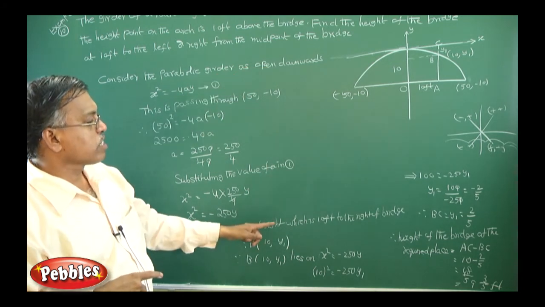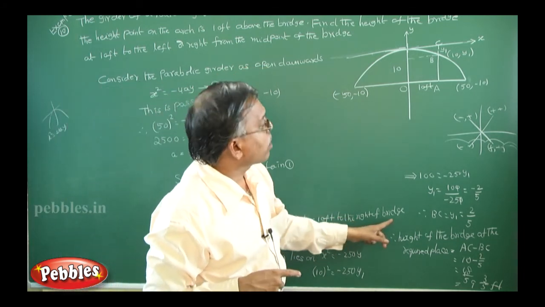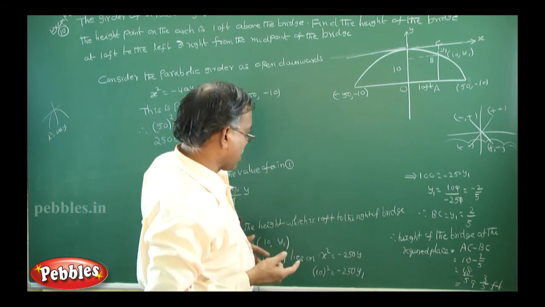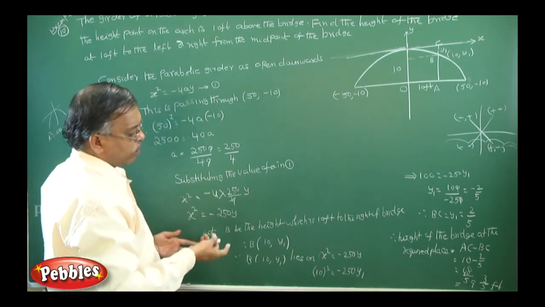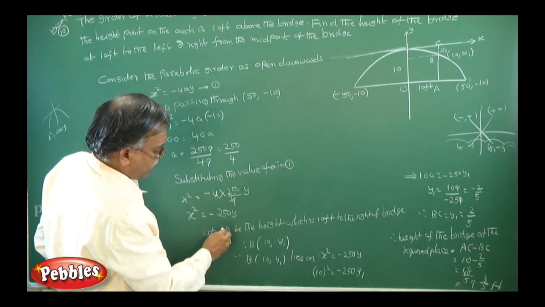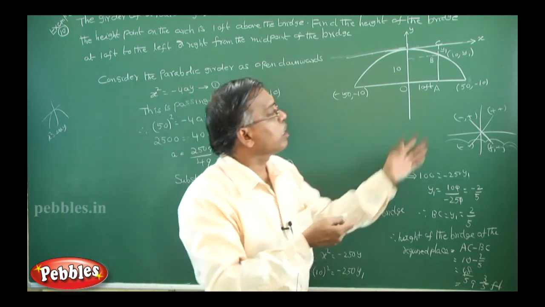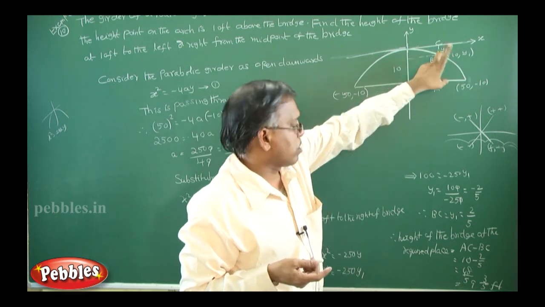Let AB be the height which is 10 feet to the right or left. Or B is a point. You can select, let B be a point, also you can write instead of AB. Let AB be the height which is 10 feet right or left. That means this height we require. Okay.